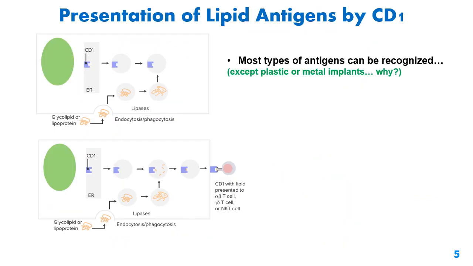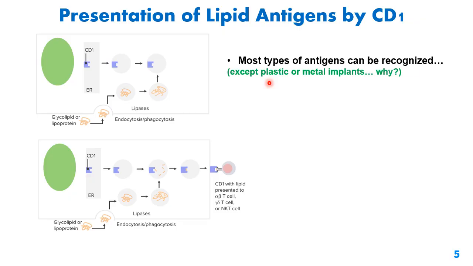All right. So how is it that you're going to get a piece of lipid on your CD1 molecule? Okay. The idea here is, again, that your immune system can detect most foreign things that get to your body, right? So a lot of the antigens, not just the proteins, a lot of antigens can be recognized.